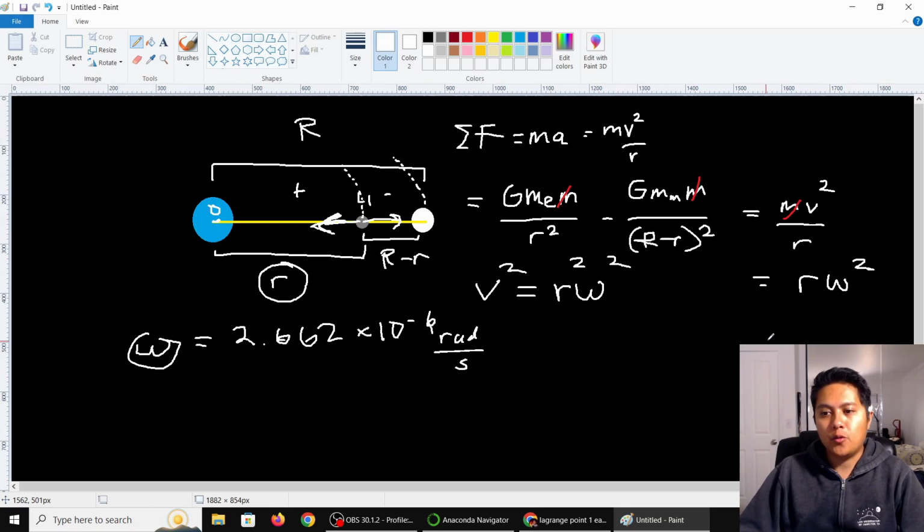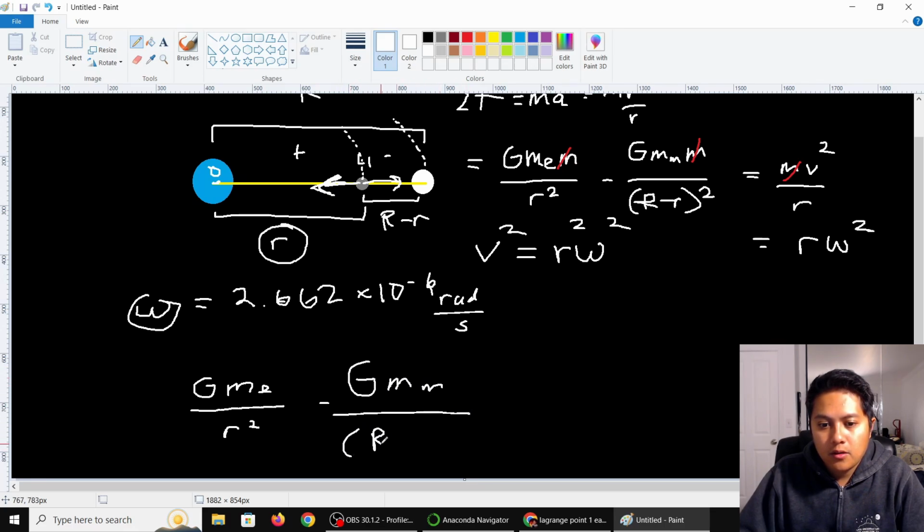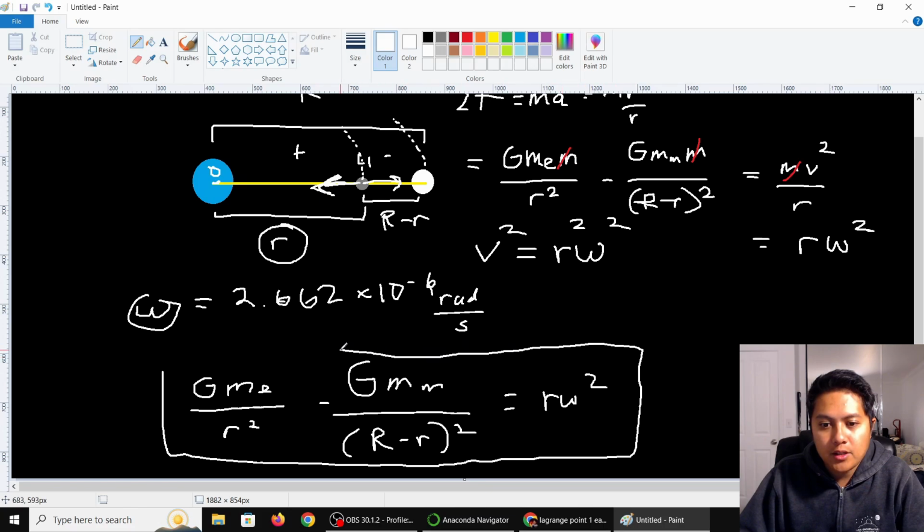Okay, so the equation we're trying to solve, I should probably write it a little bit more cleanly here. Let's just write down the final equation so we know what we're going for here. Let's see, G M_E over r squared minus G M_M over (R minus r) squared is equal to r omega squared. Okay, so this is the equation we're trying to go after.